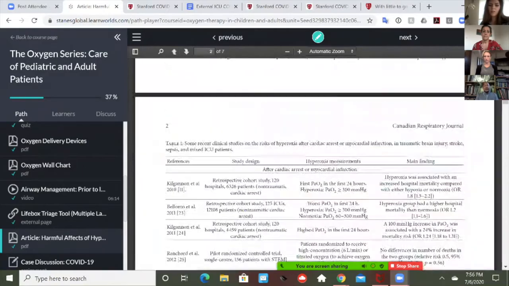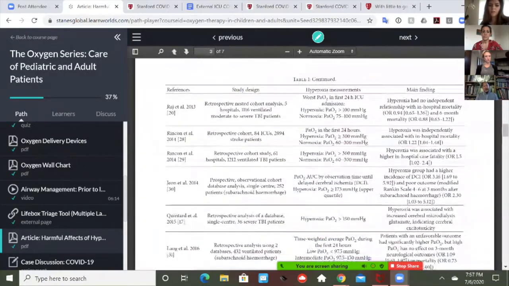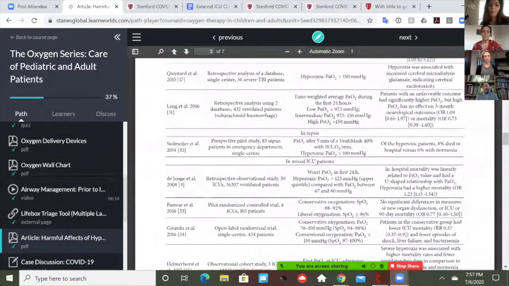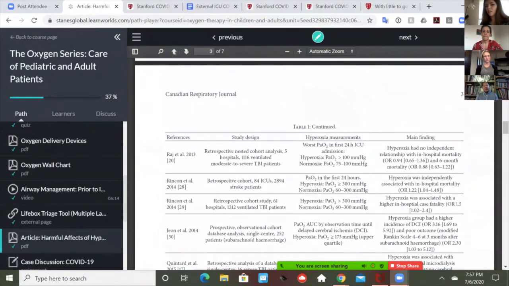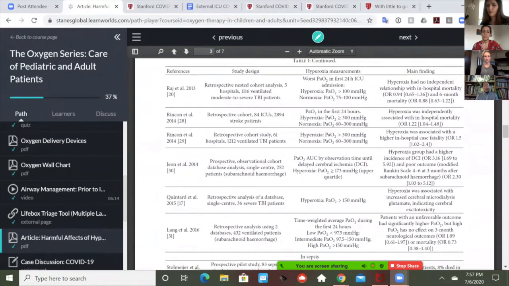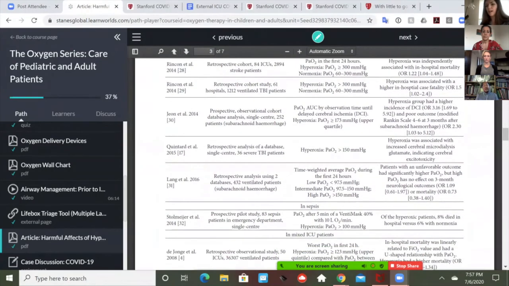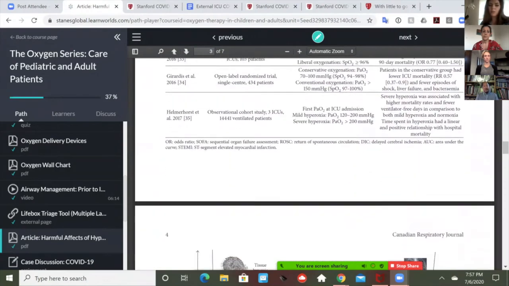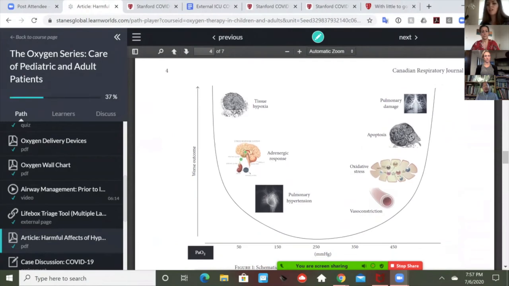You can see the chart of these review articles, where hyperoxia generally showed an increased mortality and greater increase in case fatality in many patients that were studied. It can also lead to all of these complications: pulmonary damage, apoptosis, oxidative stress, vasoconstriction. So it's not always a good thing.